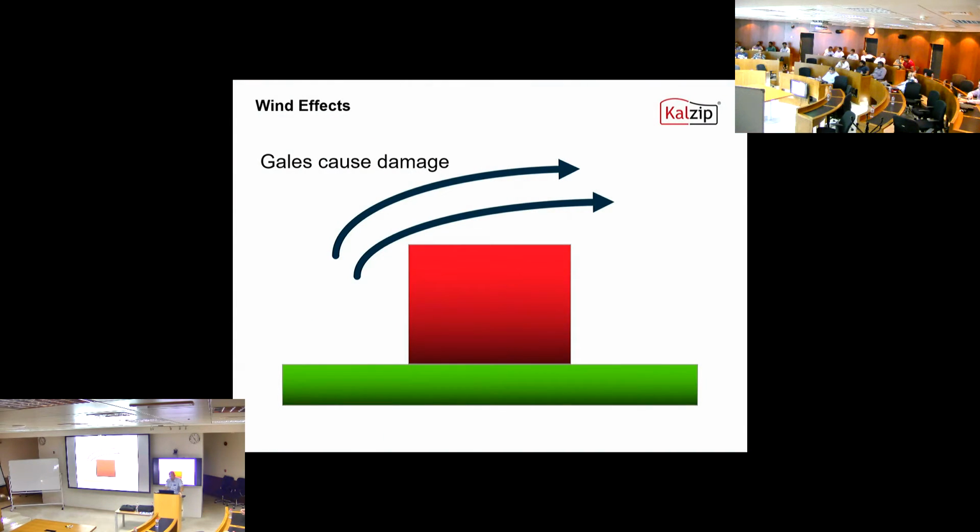So just look at wind loads. Gales and high winds can cause damage to properties. This is basically a simplified picture of how wind acts on the building.